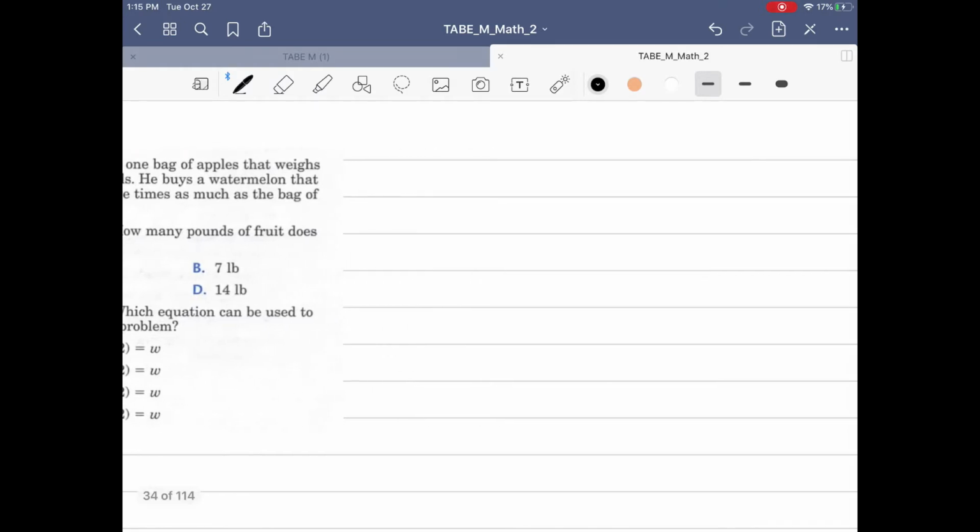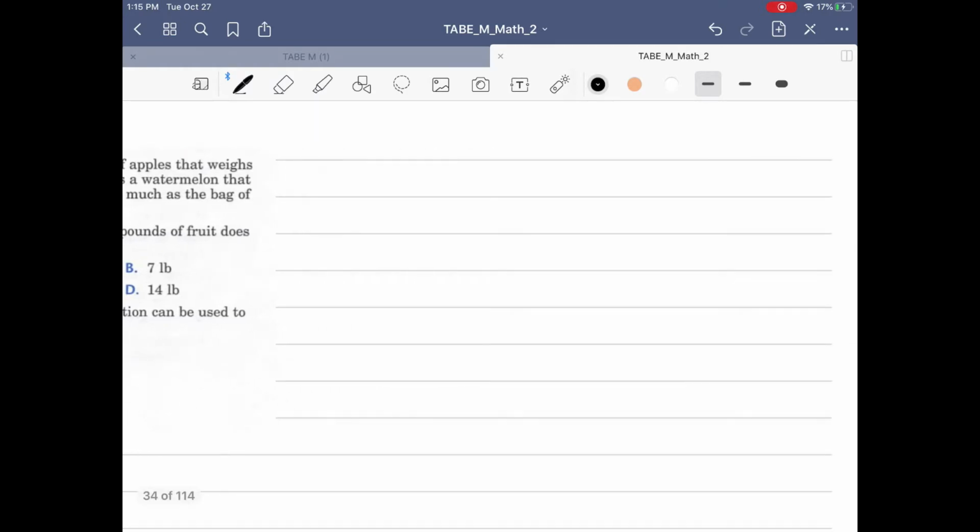So I'm not even going to look at those choices. I'm just going to set this up in my own words. The apples plus the watermelon together make the total pounds.